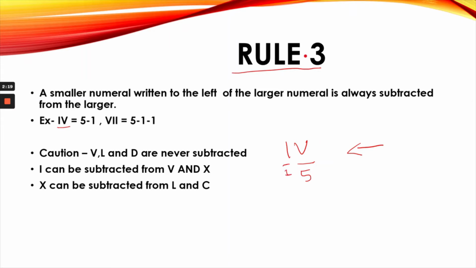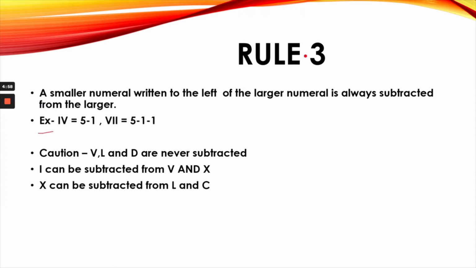If 1 is written at the left of it, then it is V minus I. So what is 5 minus 1? Let's do it. 5 minus 1 equals 4. So this is written as 4 in Indo-Arabic numerals.